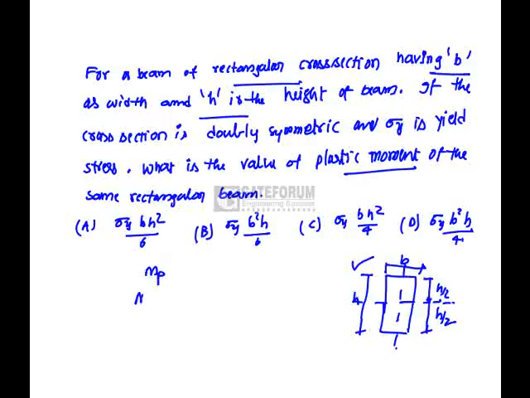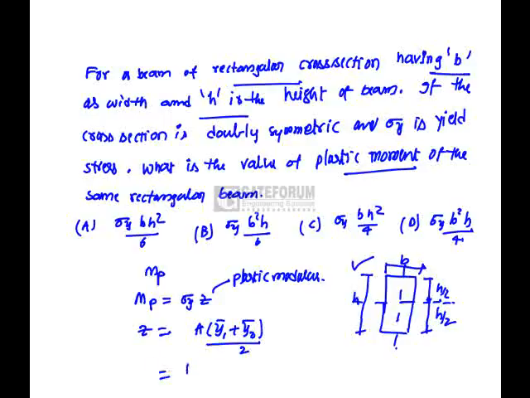So we know plastic moment MP is equal to sigma y into z, where z is the plastic modulus. Plastic modulus z is equal to A into (y1 bar plus y2 bar) divided by 2. That is equal to area of the rectangular beam, BH, divided by 2.